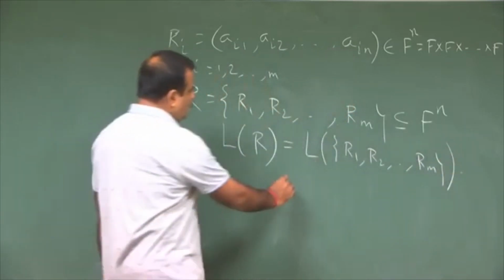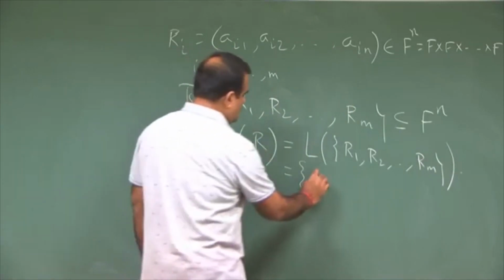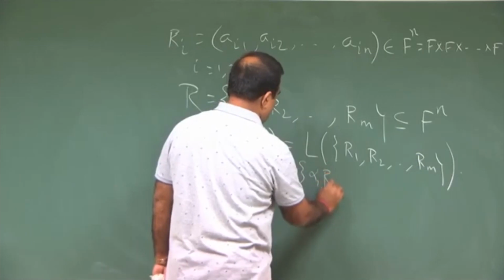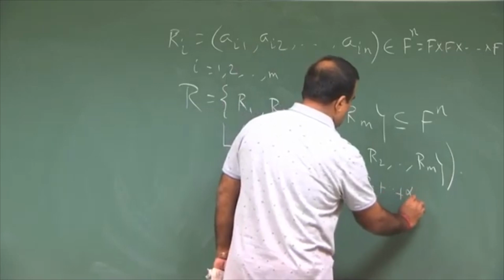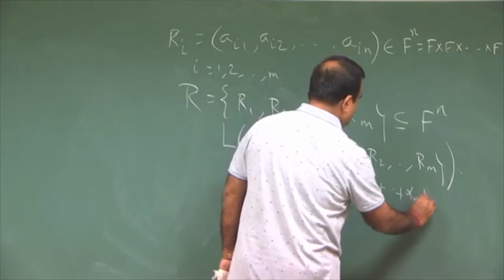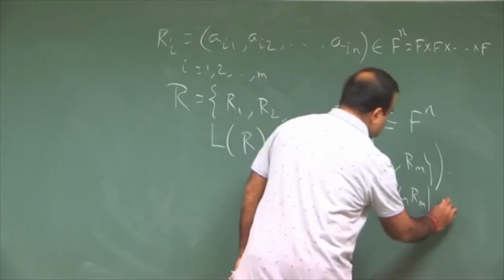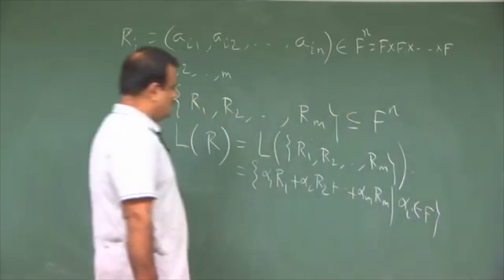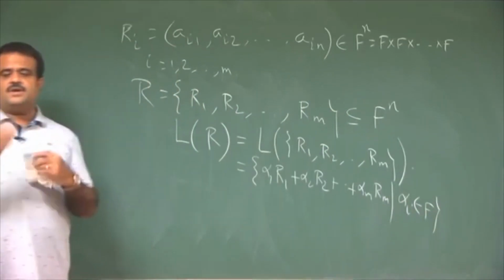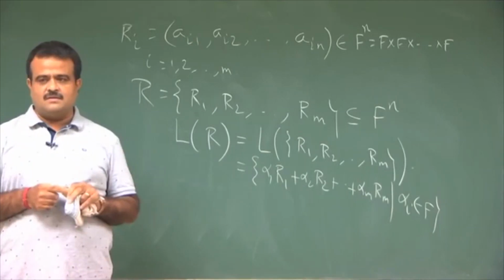This is all possible linear combinations alpha 1 R 1 plus alpha 2 R 2 plus dot dot dot plus alpha m R m, where the alpha i's are coming from the field, all possible alpha i. So we are taking the linear span of this.